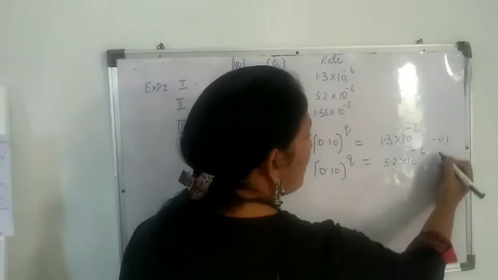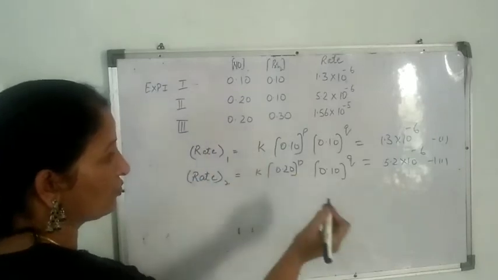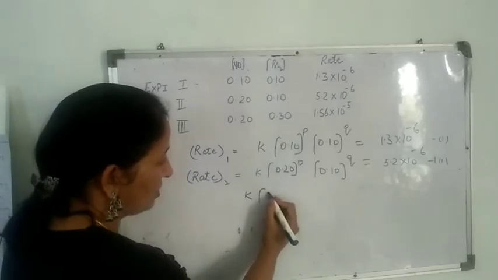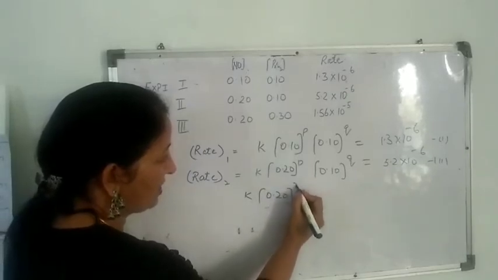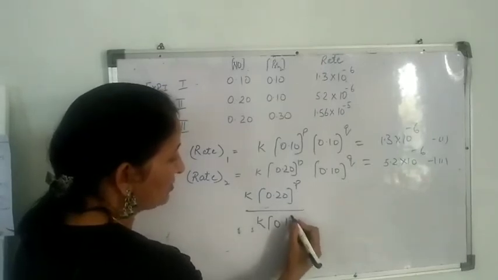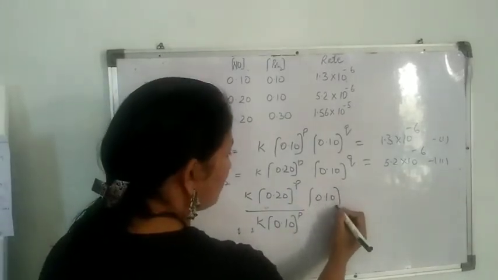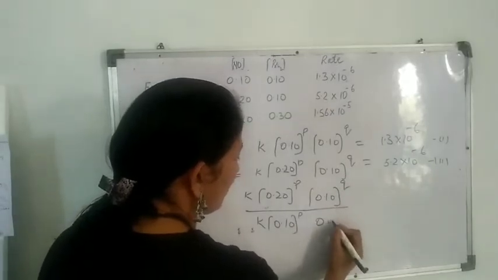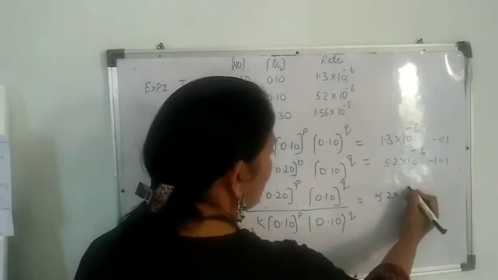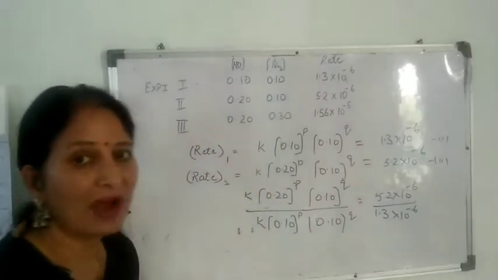Now dividing equation 2 by equation 1, we get rate 2 upon rate 1 is equal to K into 0.20 raised to power P upon K into 0.10 raised to power P into 0.1 raised to power Q upon 0.1 raised to power Q is equal to 5.2 into 10 raised to power minus 6 upon 1.3 into 10 raised to power minus 6.